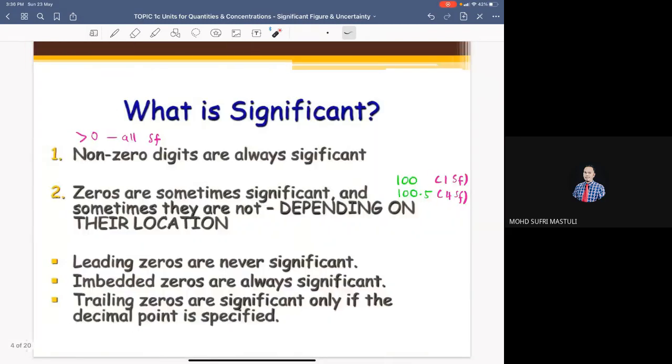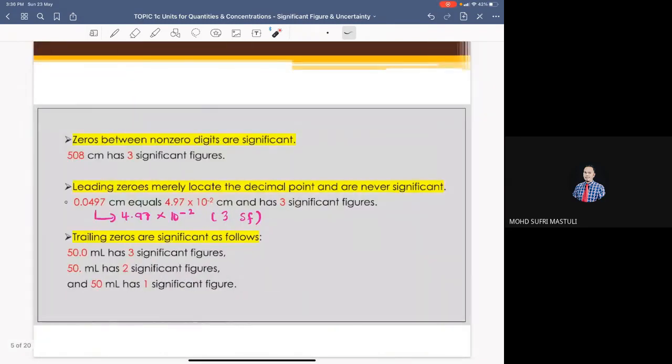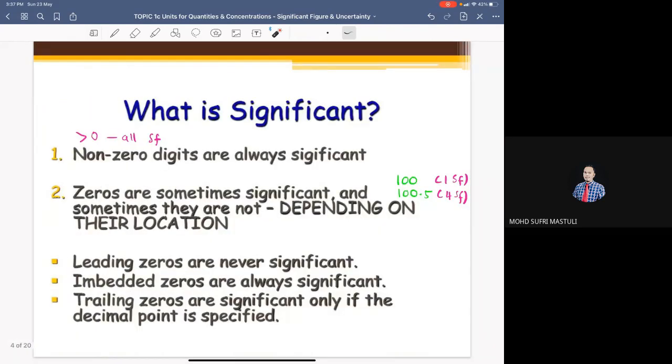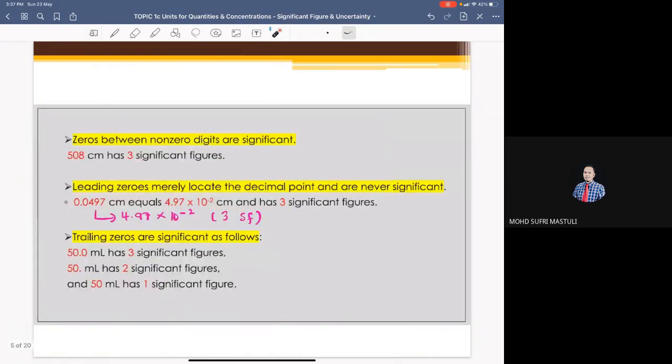For embedded zeros, they are always significant. Embedded zeros are zeros located between non-zero digits. Trailing zeros are only significant if the decimal point is specified.